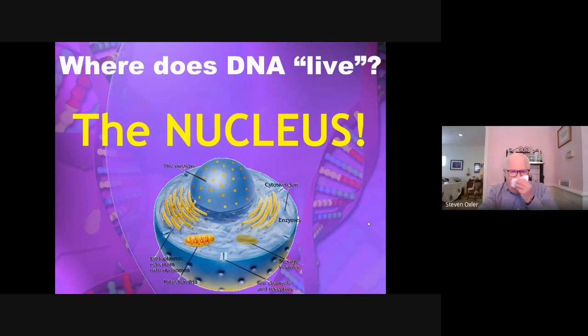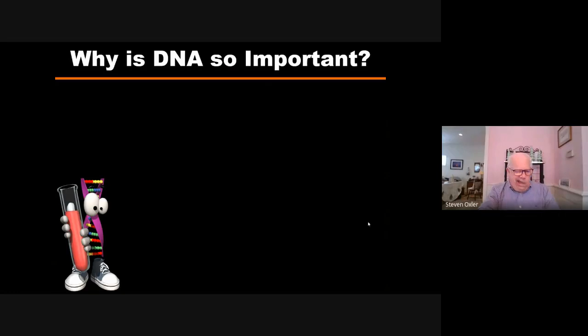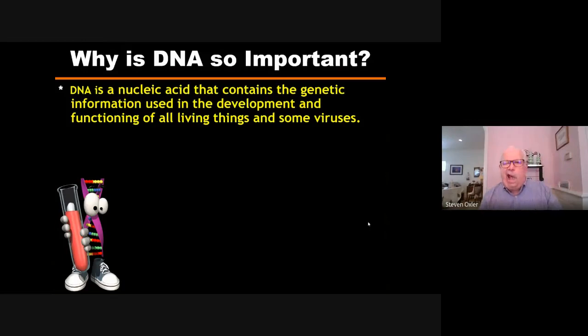But the majority of DNA in your body is in the cellular nucleus. Why is DNA so important? Well, it's a nucleic acid that contains the genetic information used in the development and functioning of all living things and some viruses. You know, there are DNA viruses. COVID-19 is a RNA virus, but there are also DNA viruses.